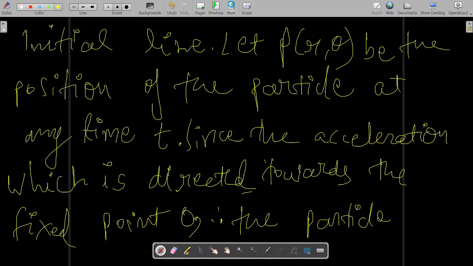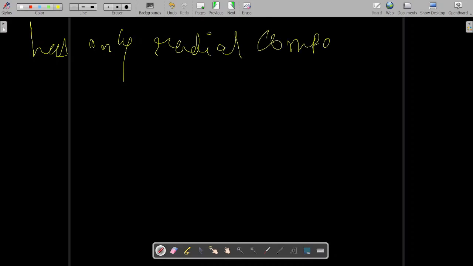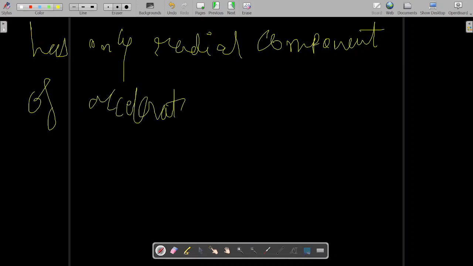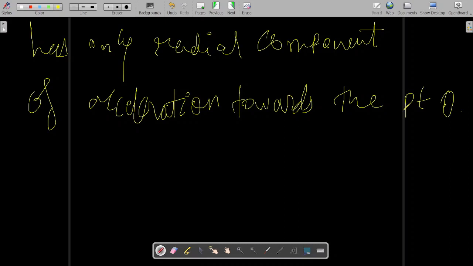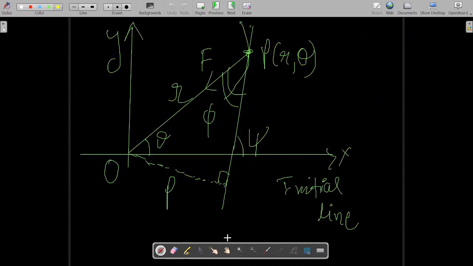This is quite obvious. The particle has only a radial component of acceleration towards the point O.